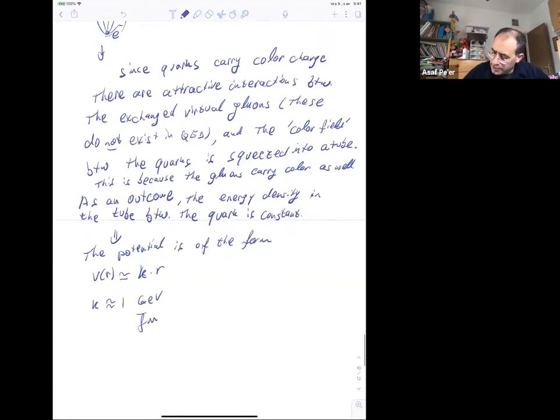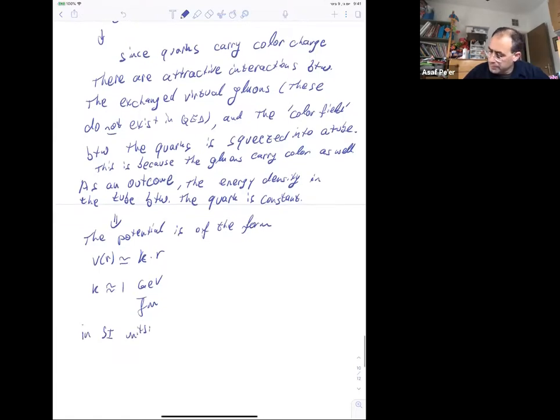So in SI units, 1 GeV per femtometer is 1.6 times 10 to the minus 10 joule over 10 to the minus 15 meters. Did I miss something?